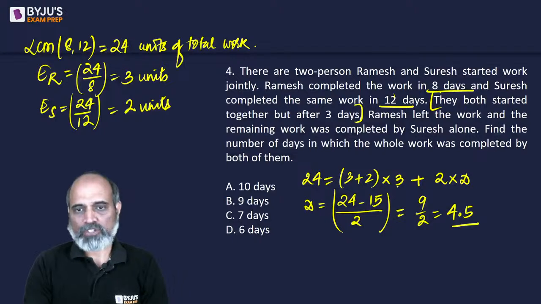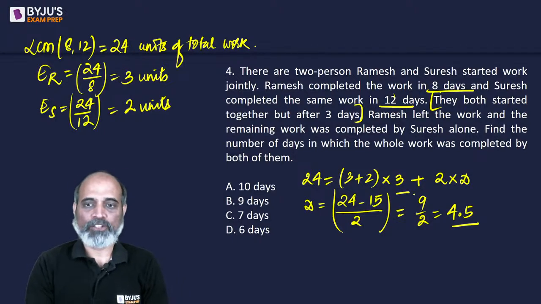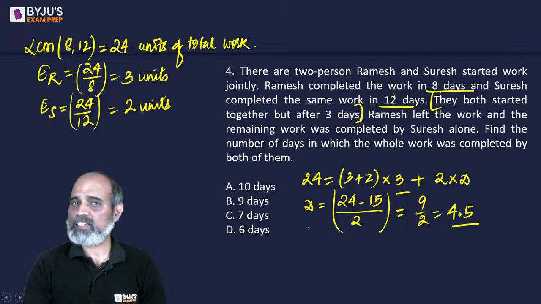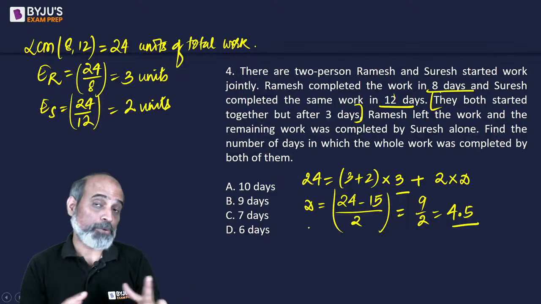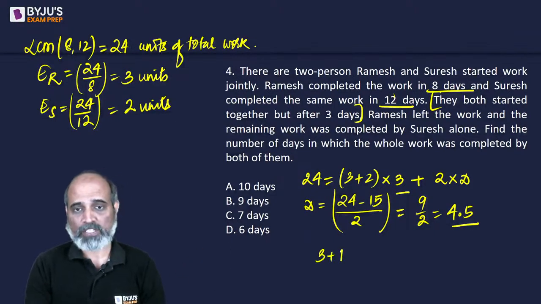Anyways, so the total number of days that they together took to complete the work, together as in not necessarily that they were working together for the entire days, is 3 plus 4.5, which will be 7.5 days.